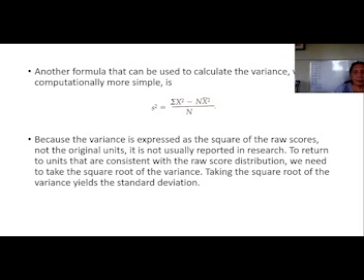Another formula that can be used to calculate the variance, which is computationally simpler, is what you see on the board: variance is equal to the summation of all x's raised to the second power minus n times the mean raised to the second power, divided by n.